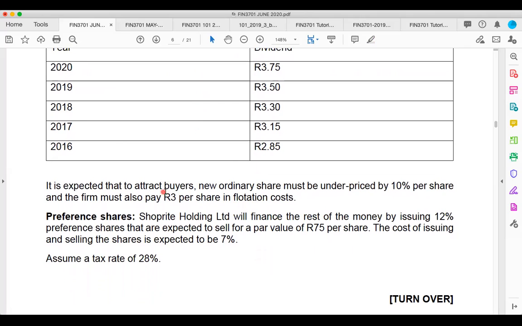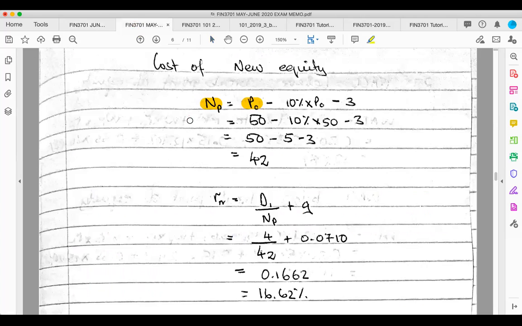So we're told it is expected that to attract new buyers, new ordinary shares must be underpriced by 10% per share, and the firm must also pay 3 Rand per share in flotation costs. So it means the net proceeds from the issuing of these new shares are going to be the current 50 Rand, right? That's the current price minus 10% minus 50, which is for underpricing, minus 5 Rand, and minus 3 Rand, which is for flotation. So that will give us 42 Rand.